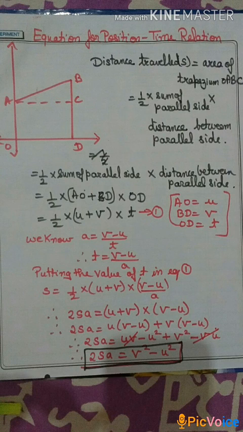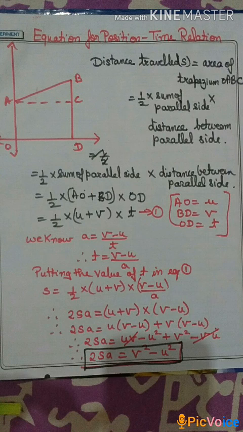Now, over here we know that acceleration is defined as final velocity minus initial velocity divided by time. Therefore, it can also be written as T is equal to (V minus U) divided by A. Now, we can put this value of T in the first equation.